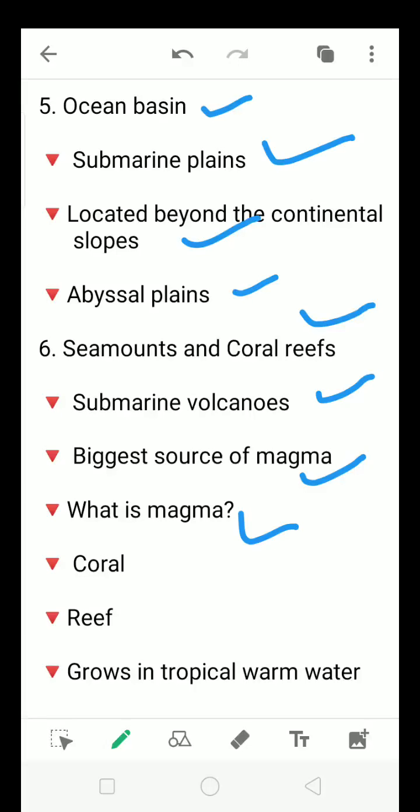Coral is a living organism. What is a coral? In the tropical seas and oceans, the living organism coral forms a solid structure on the submarine rock.